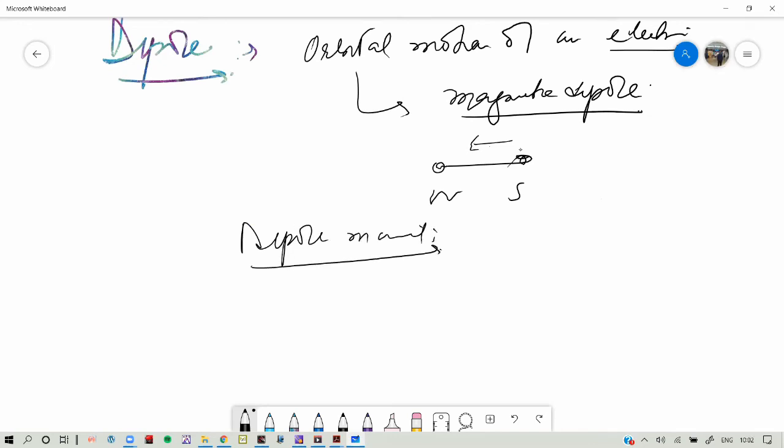And dipole moment signifies the strength of the dipole. This is an important parameter which we need to take into consideration when we are discussing dipoles, whether it be an electric dipole or a magnetic dipole. So for a magnetic dipole, we have a magnetic dipole moment, mu, and this magnetic dipole moment is important.